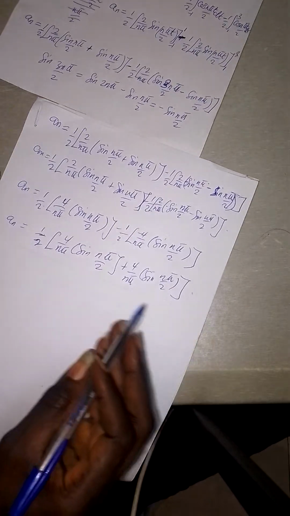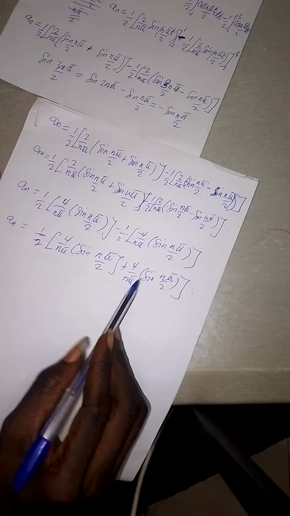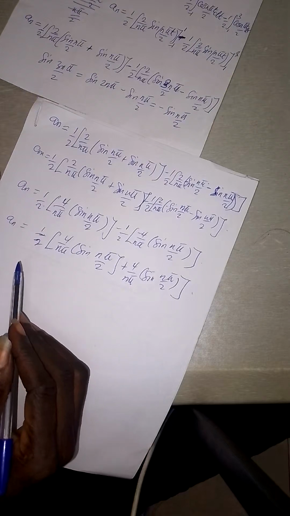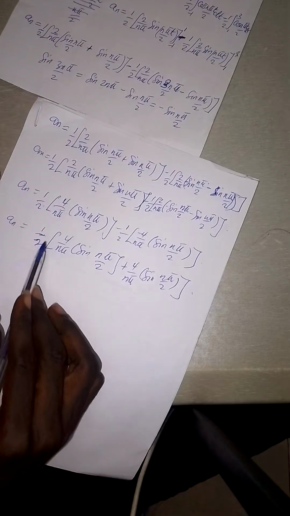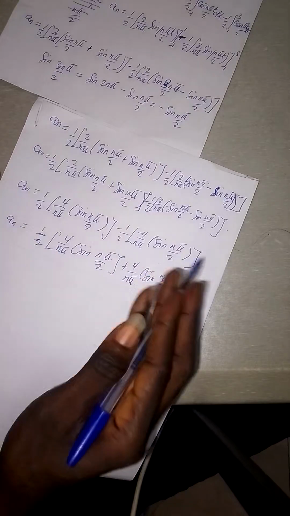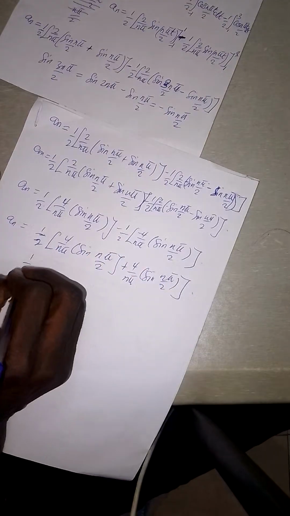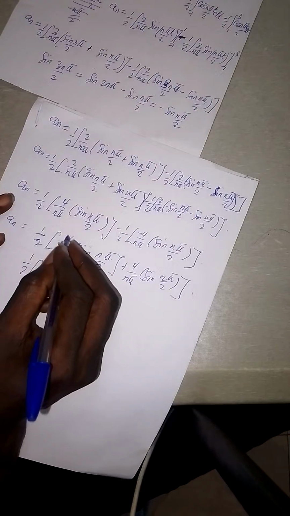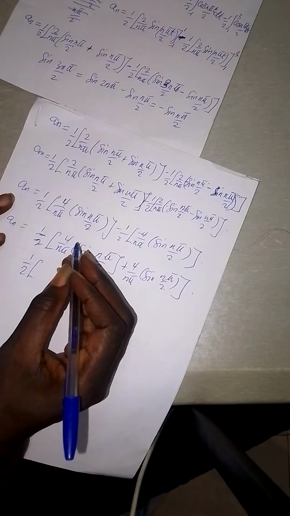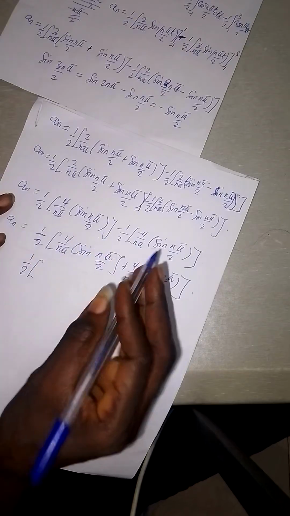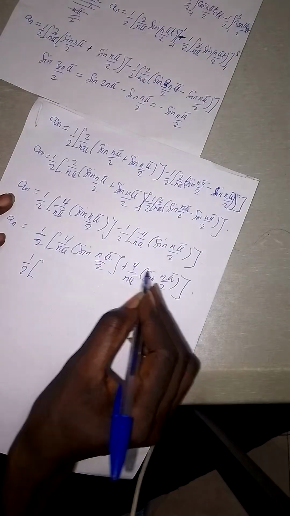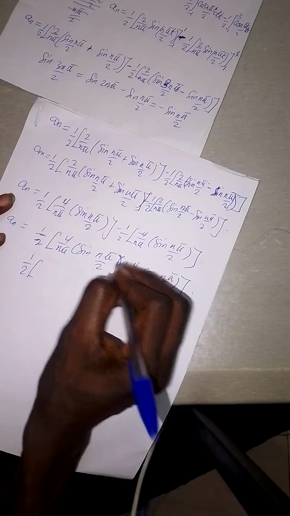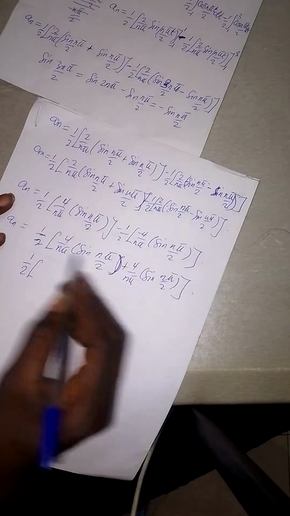Now these two are the same. So I can say 1 over 2 into, let me use this kind of bracket, if you add these two, you get 2.